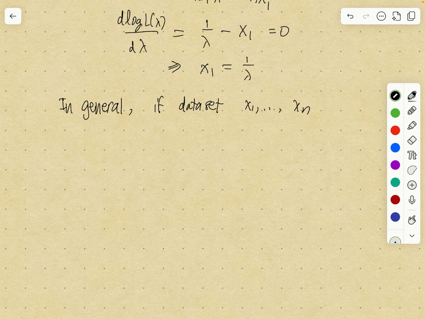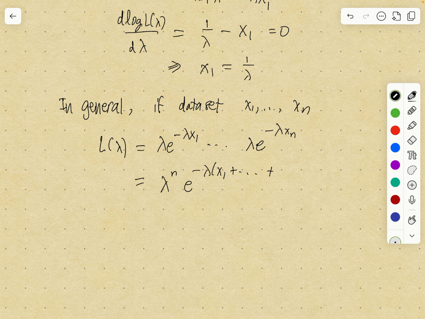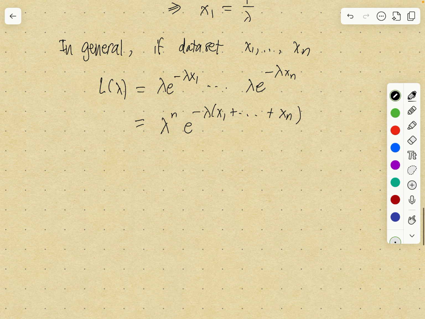Well, what we did before was the case of n equals 1, and now we're doing it in general. So L of lambda is going to be lambda e to the minus lambda x1 times all the way to lambda e to the minus lambda xn. And this we can write as lambda to the n times e to the minus lambda times x1 plus dot dot dot all the way to xn.